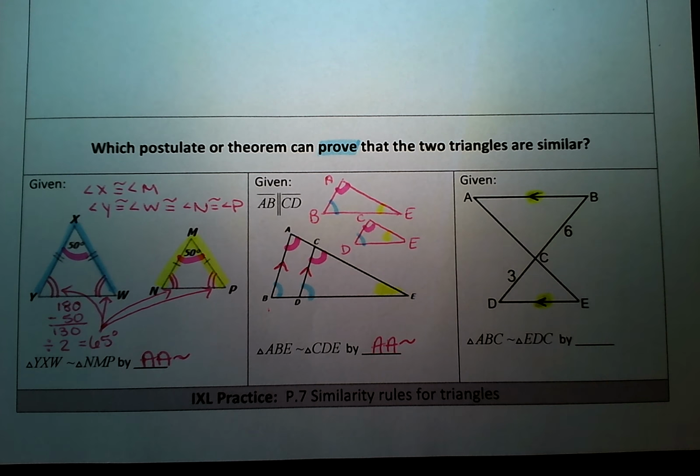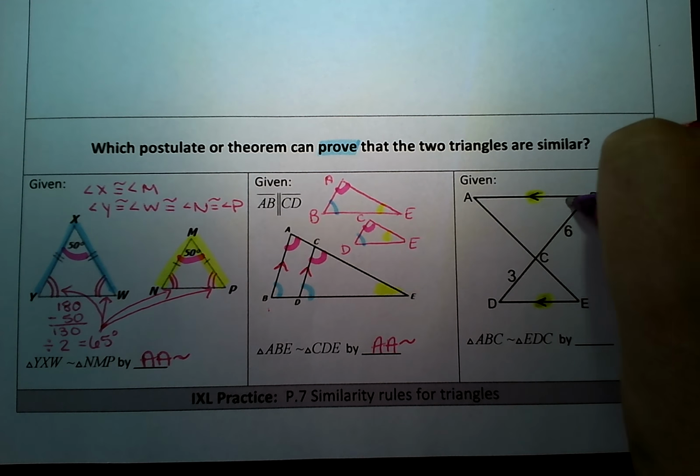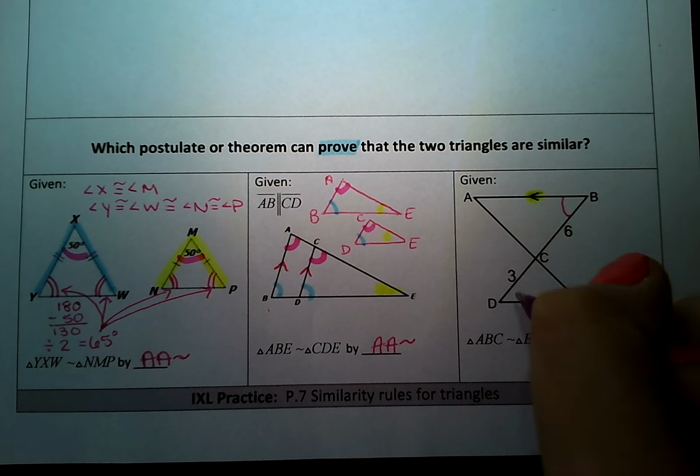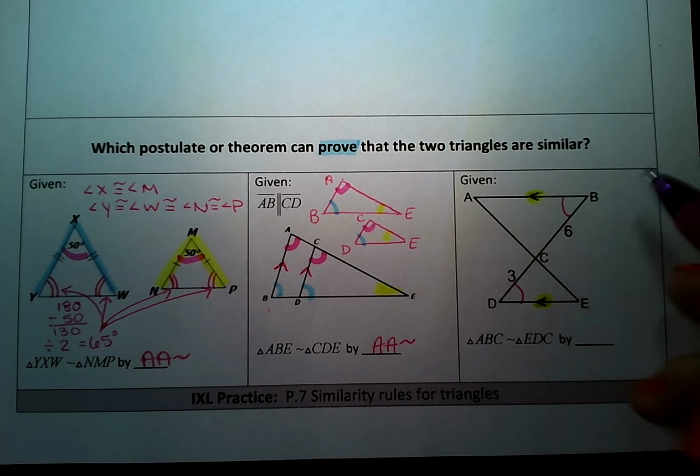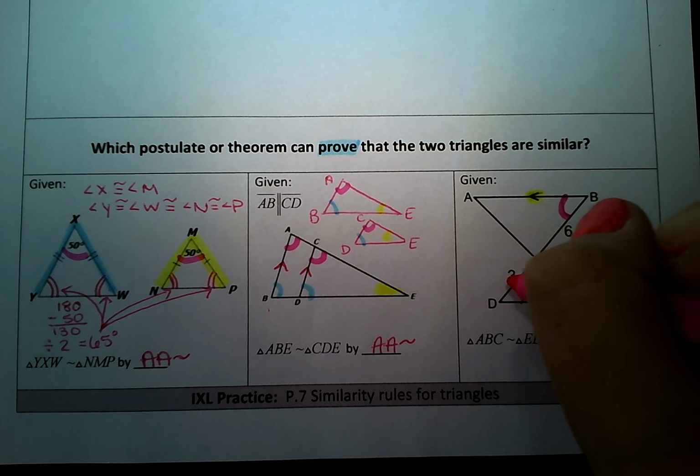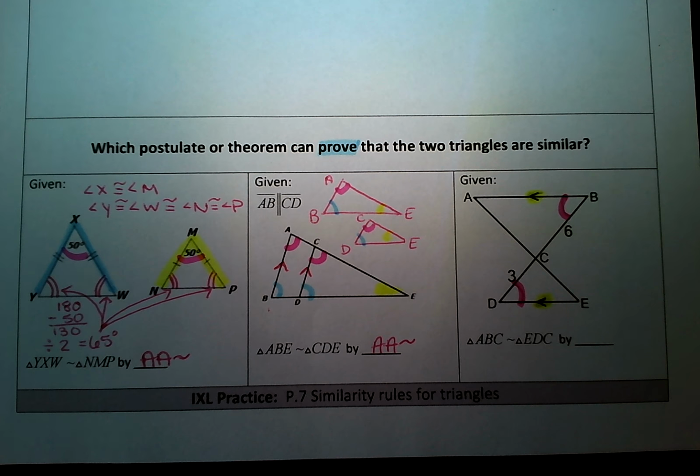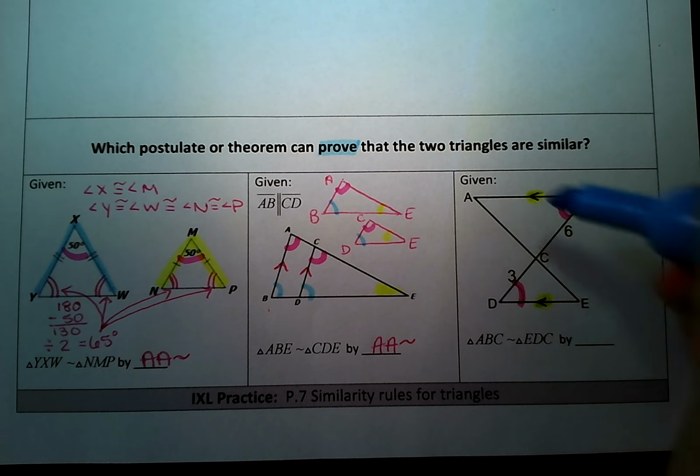We're going to have some alternate interior angles here. Angle B is an alternate interior with angle D. They live on the parallel lines, so they are congruent to each other. B is congruent to D. We could do the same thing going down the opposite transversal.